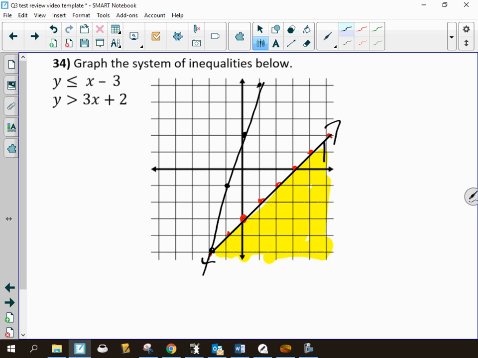So what we need to do is extend these two lines just a little bit, because we're going to shade up from the second line, which actually I need to redraw.